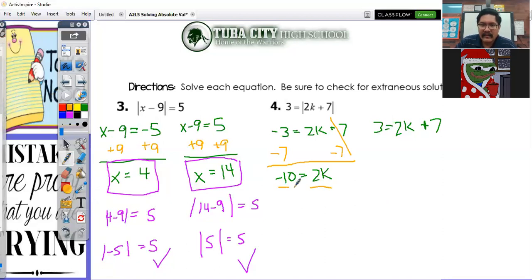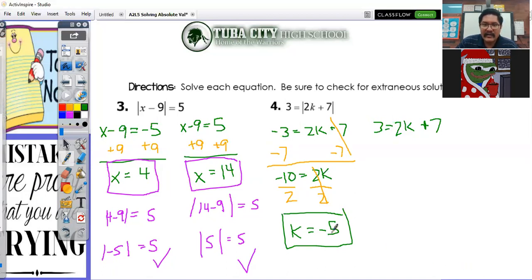Because now we have, what number times 2 gives me negative 10? Well, if we work backwards, if we do the inverse, we should be able to get that. Now I'm going to put k first, because I'm just going to use the reflexive property and switch them around. k equals negative 5. There we go.